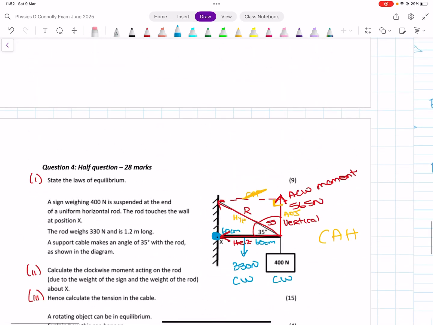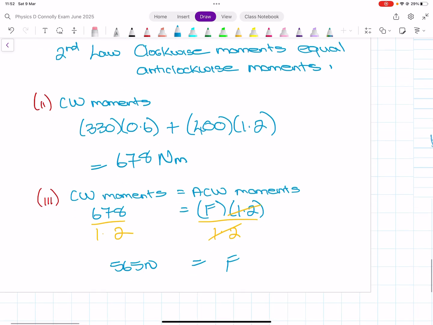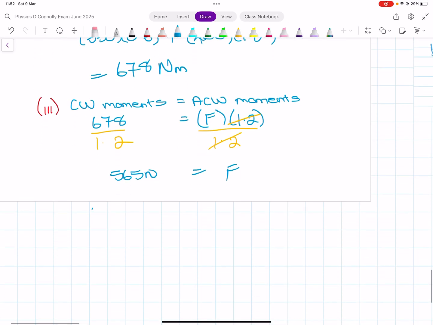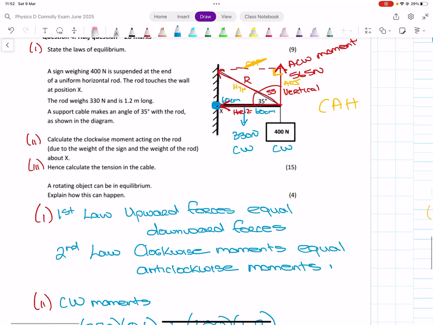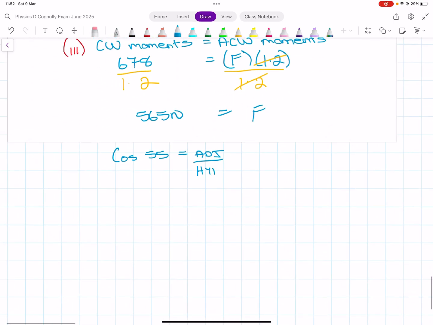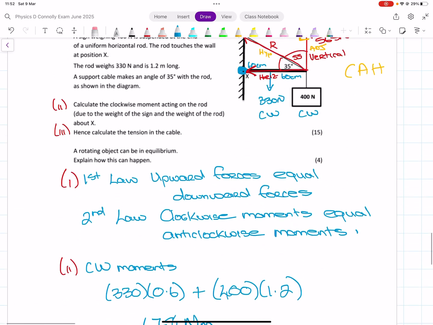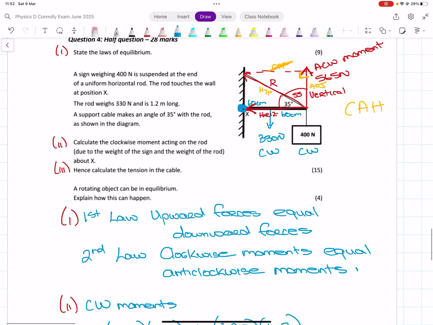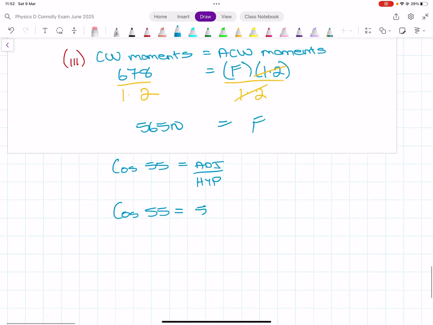Am I doing that right? Let's give it a go. So the cos of 55 equals adjacent over hypotenuse, and I actually know the adjacent, which is 565. So the cos of 55 equals 565 over the hypotenuse.